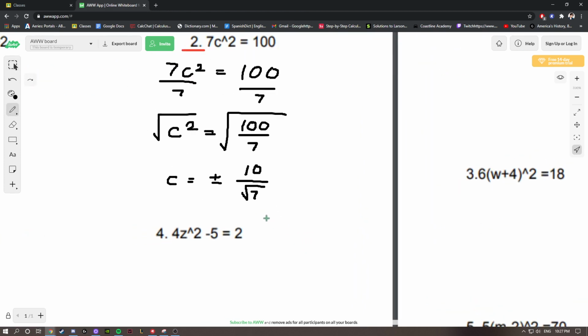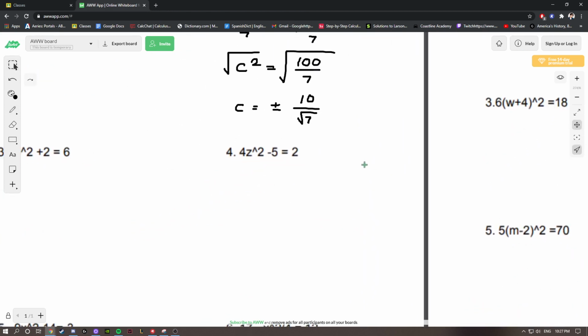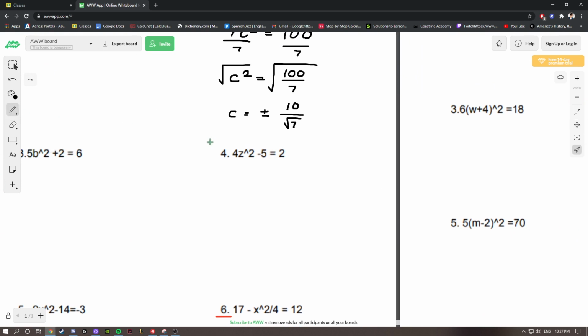Now, something important to note: we have plus or minus 10 over rad 7, and a lot of times having a square root in the denominator of a fraction is not completely simplified. So if we write out both of our solutions, this is the positive solution and this is the negative solution.